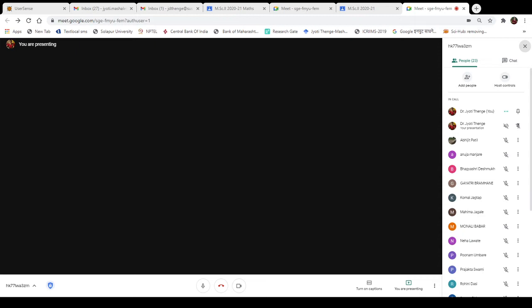I don't know what is happening. Pages are misplacing.